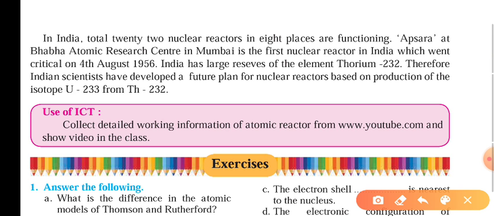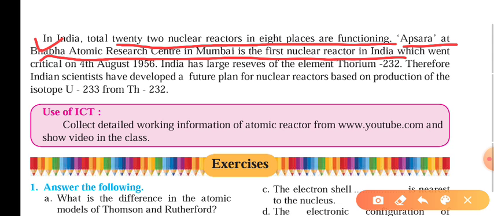Now about India, they have mentioned over here that in India a total of 22 nuclear reactors in 8 places are functioning. Apsara at Bhabha Atomic Research Center in Mumbai is the first nuclear reactor in India, which went critical on 4th August 1956.